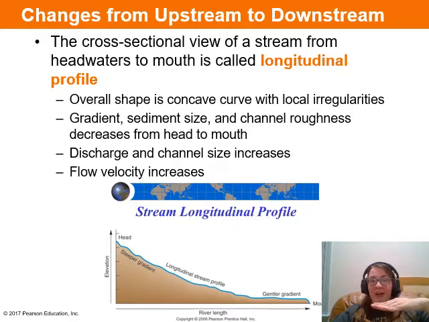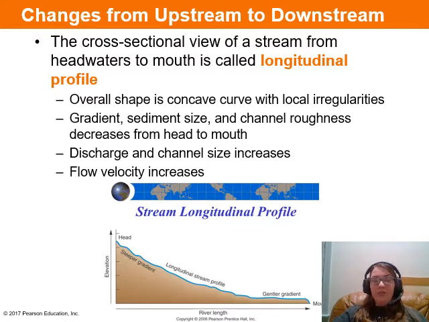It's almost flat, which means that the water isn't moving as quickly, and we generally have smaller sediment sizes. We're going to be moving down to sediment called clays and silts. It's so small that it's basically going to feel like mud if you touch it. And because now we're looking at really small sizes of sediments, we're going to have a very smooth channel.